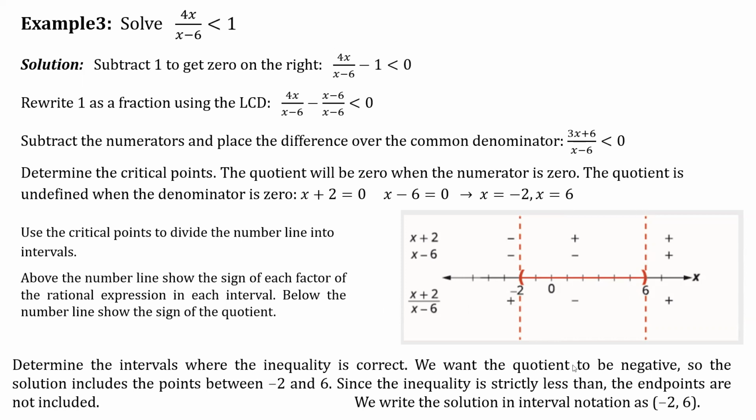We want the quotient to be negative. So the solution includes the points between -2 and 6. Since the inequality is strictly less than, the endpoints are not included. So the solution of this inequality in interval notation is from -2 to 6.